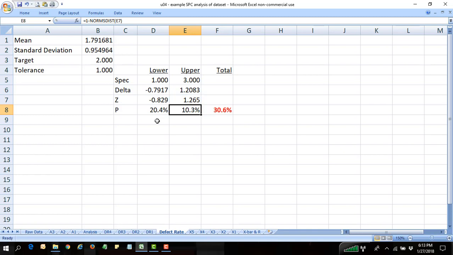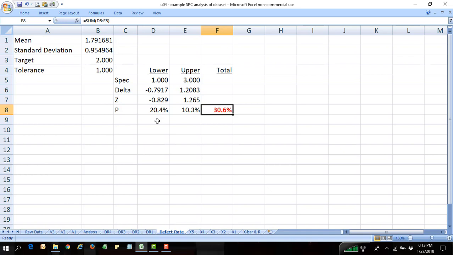So on the high side, I've got a 10.3% defect rate. On the low side, 20.4. On the high side, 10.3. I add that data together, and I get 30.6%. So I know I'm reasonably ensured that 30.6% is the expected defect rate of this process.